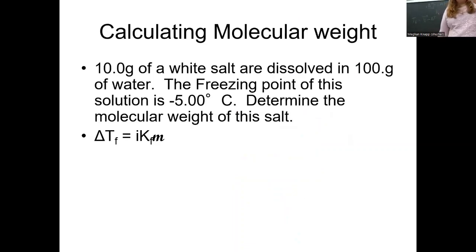So because this is going to be part of your lab next week, I want to go through another example. This is the one where we assumed the van 't Hoff factor was 2. Yeah, let's go ahead and do this. Again, we have the formula, delta T equals iMKf, and we have 100 grams of water so that we can do molality.